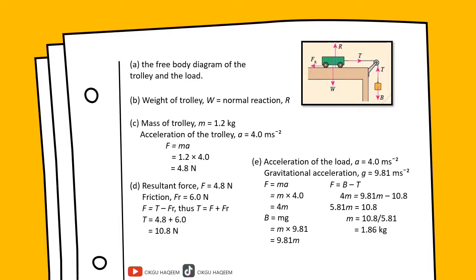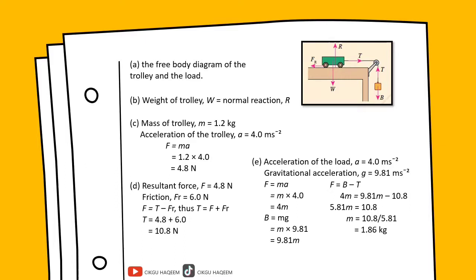Alright, so when the resultant force is not equal to 0, one of the forces must be larger. Now we can see that the tension of the string is 10.8 Newton, which is larger than the frictional force, which is only 6.0 Newton.